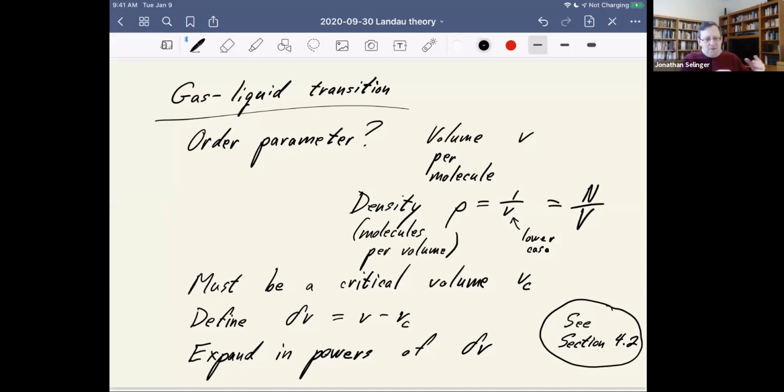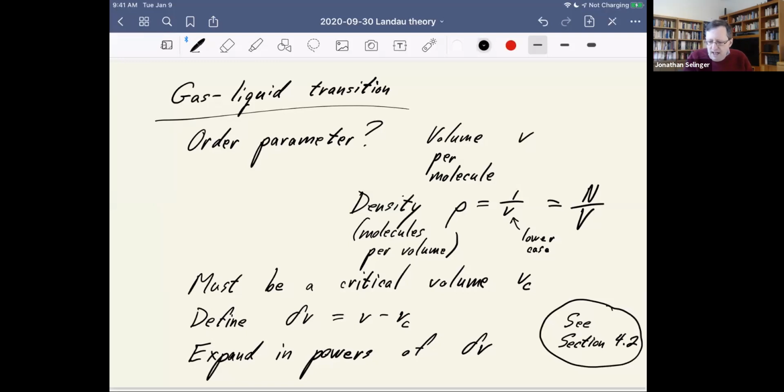So, you know, in the Ising case, there is a perfect symmetry between spin up and spin down, right? Those two things really are just reflections of each other. Not exactly right with the gas to liquid transition. And so I go through a whole bunch of steps in that section, and please take a look at that. But you can see the argument runs basically the same way.